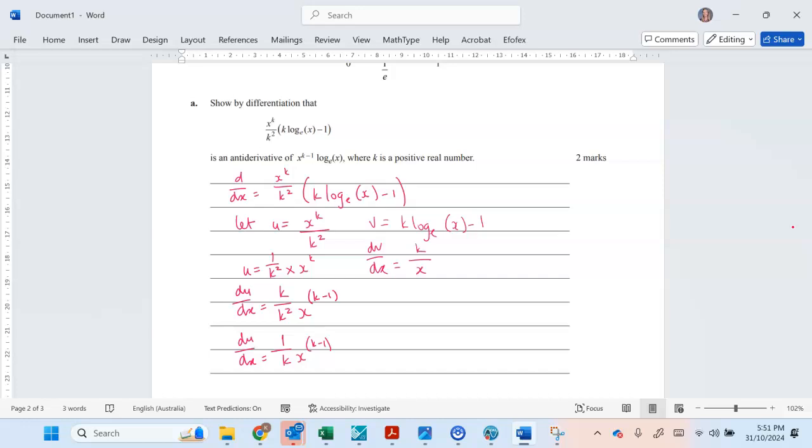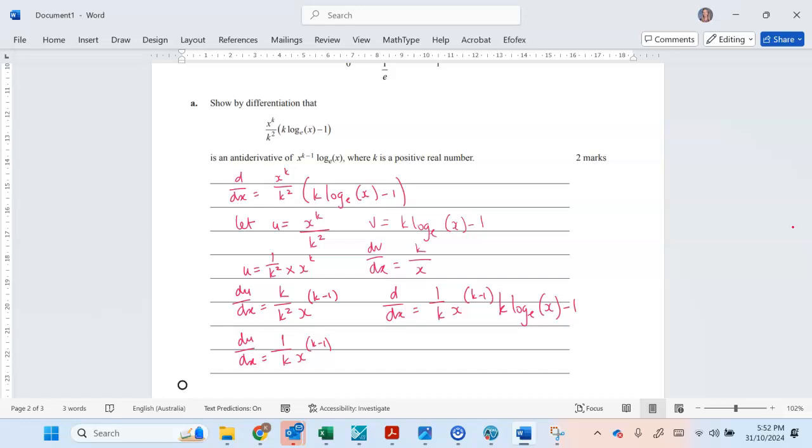So using your, not chain rule, sorry, product rule. Oh my gosh, what am I talking about? 1 on k x^(k minus 1), so du dx times v, so k log e x minus 1. I'm just going to quickly check the formula sheet to make sure I've got that right.